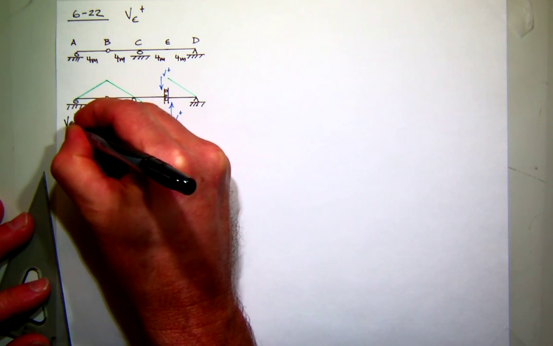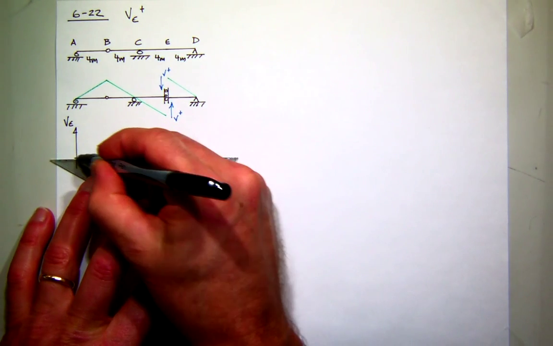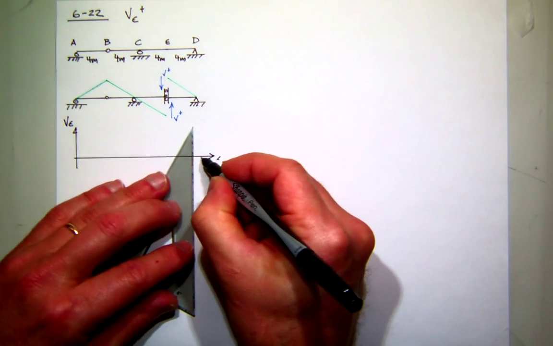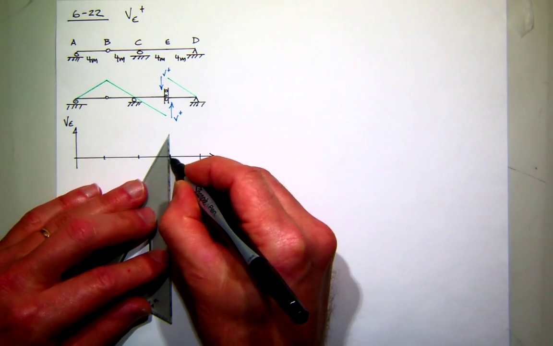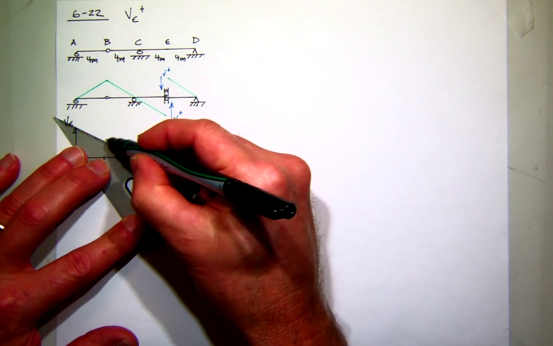So let's sketch that out. This is the shear at E. It's a function of X. So it's going to look something like this.